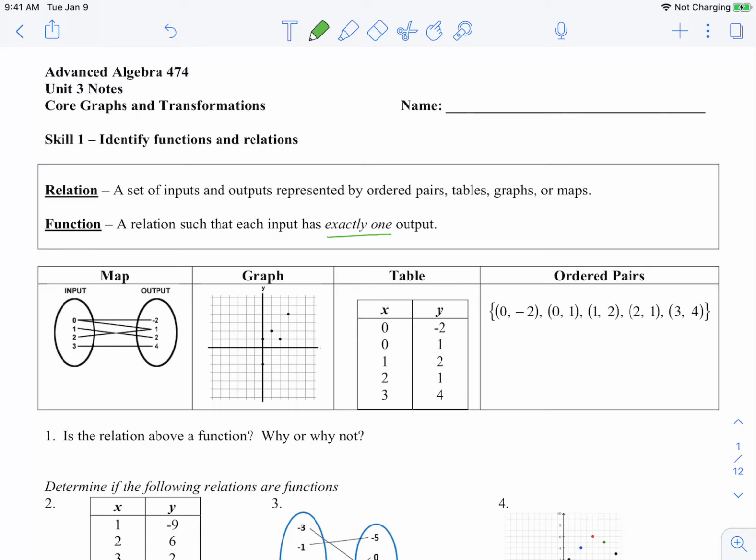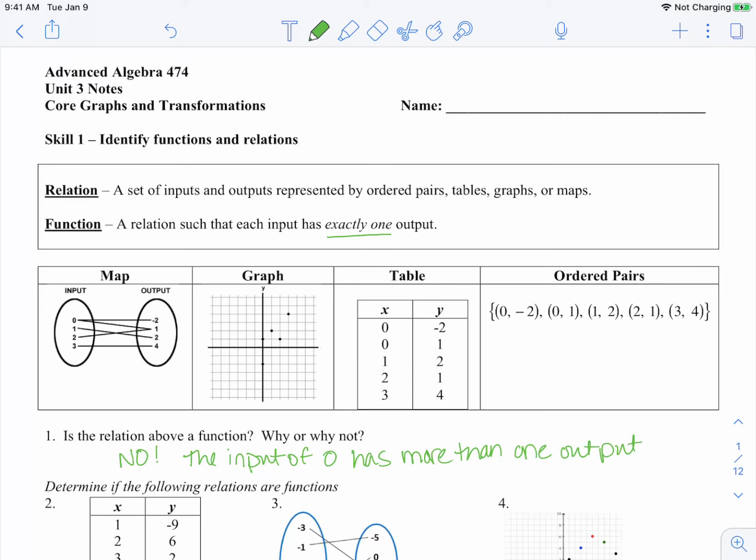So number 1 says, is the relation above a function, yes or no? So in this case, this one is not a function, and this is because the input of 0 has more than one output.